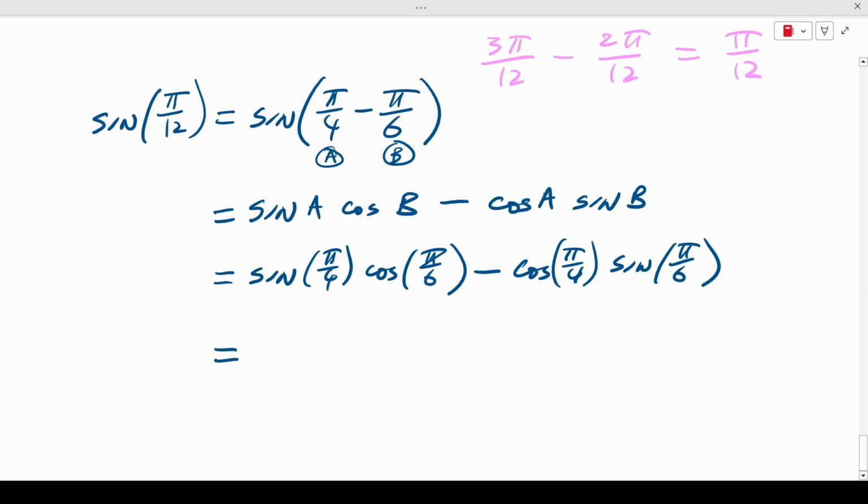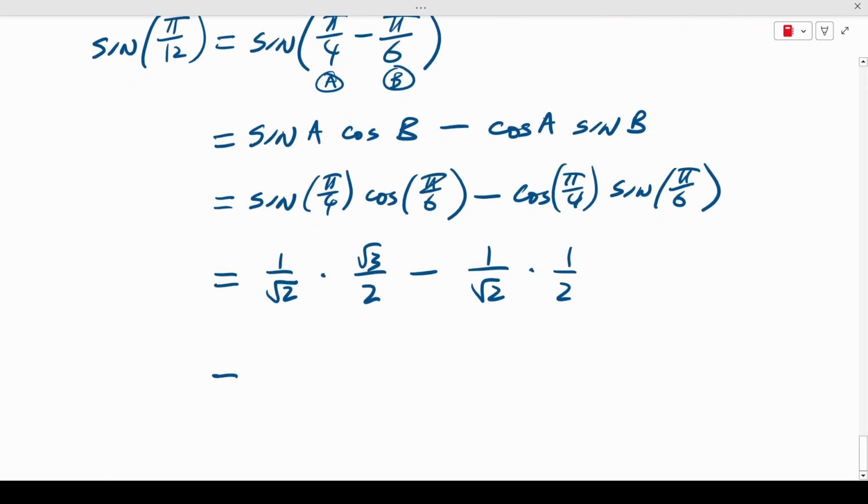And these are all special angles. We can evaluate them. Sine of pi over 4, that's 1 over root 2, or root 2 over 2 if you prefer. Cosine of pi over 6, or cosine of 30, that's root 3 over 2. Minus cosine of pi over 4, that's 1 over root 2, times sine of pi over 6, that's a half.